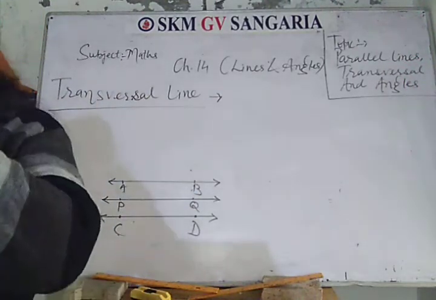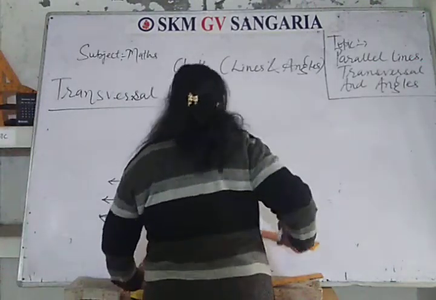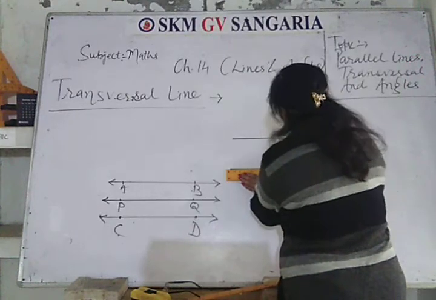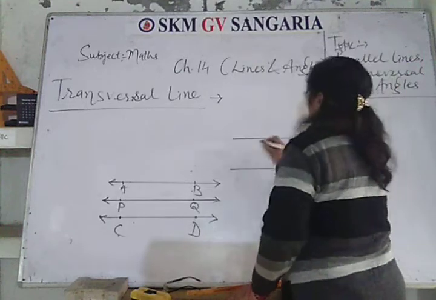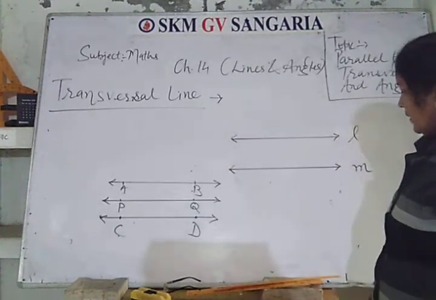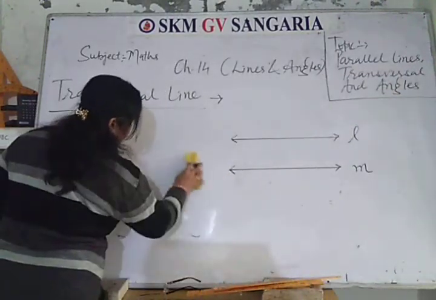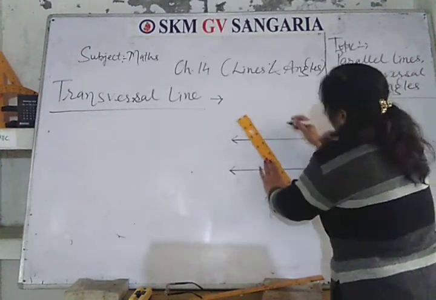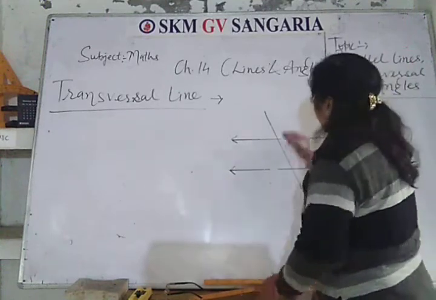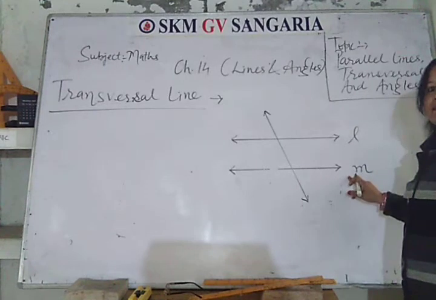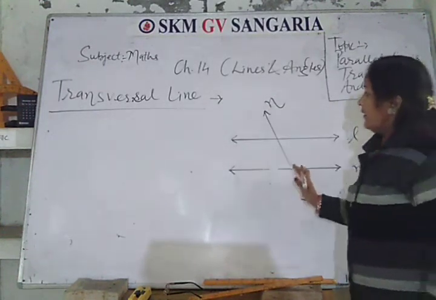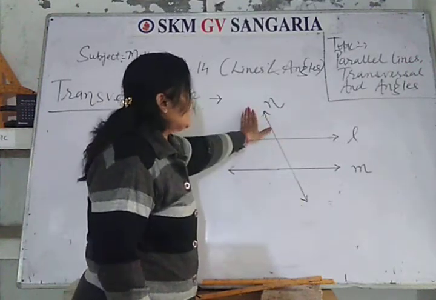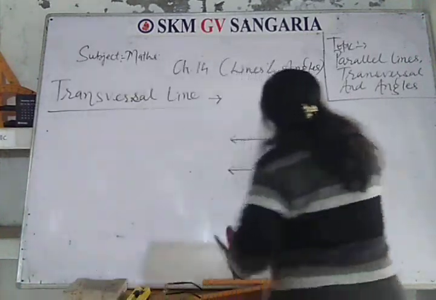Transversal. Okay. So when two parallel lines L and M are being intersected by a third line, this is line L, this is line M, and this is the third line N. These parallel lines L and M are being intersected by this third line N at two distinct points.